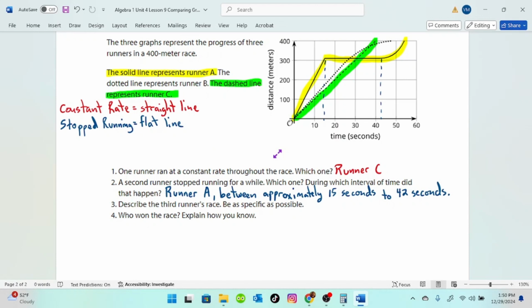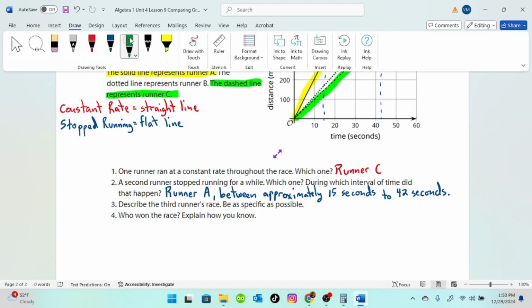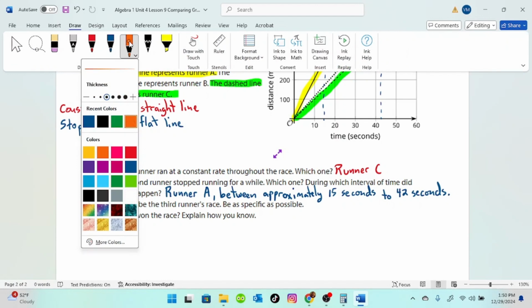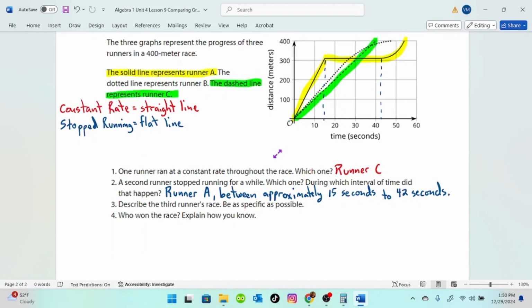Number 3. Describe the third runner's race. Be as specific as possible. So this third runner is going to be the dotted line. And we see that they run at a constant rate until about 28 seconds.